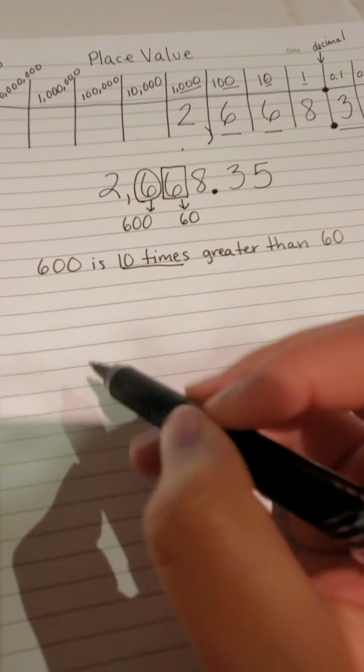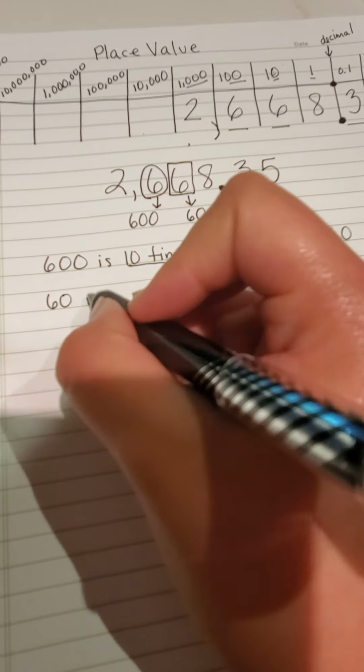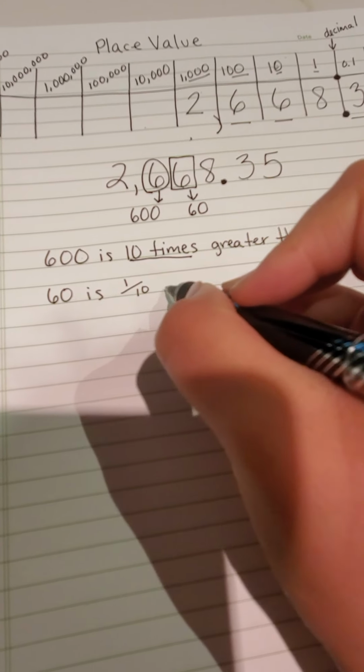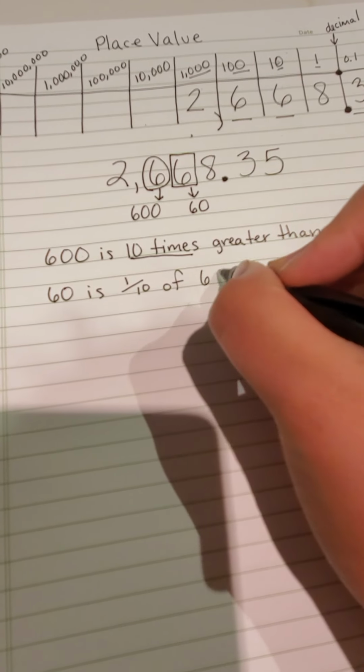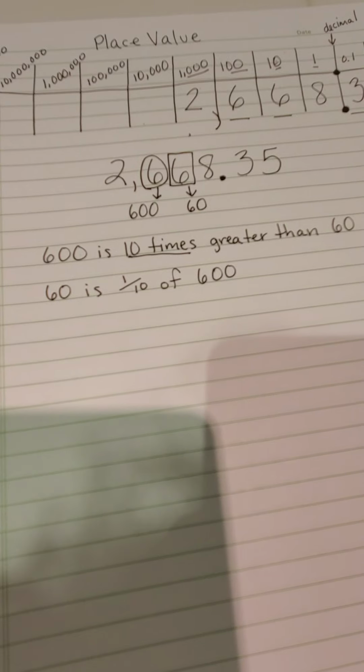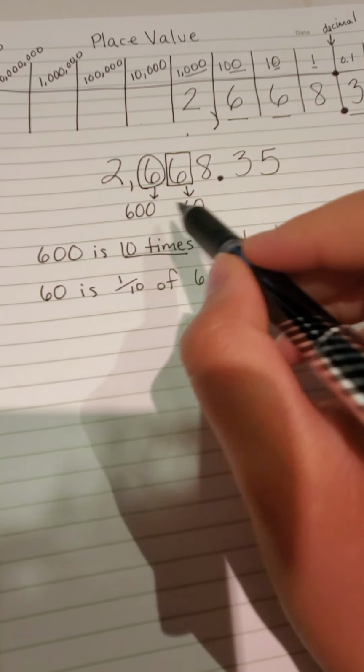If I go backwards and think of the other way around, 60 is 1/10 of 600, because they're right next to each other and I'm going backwards.